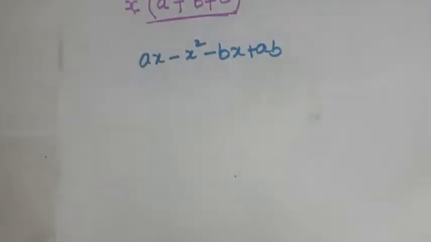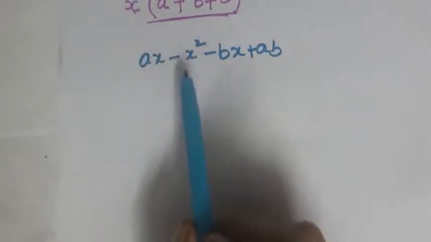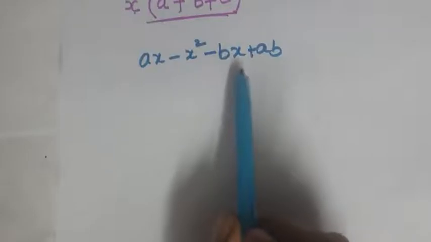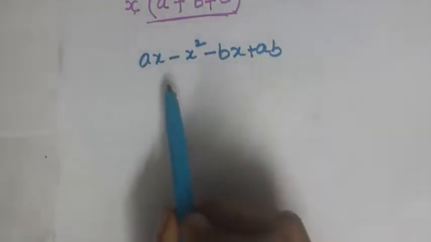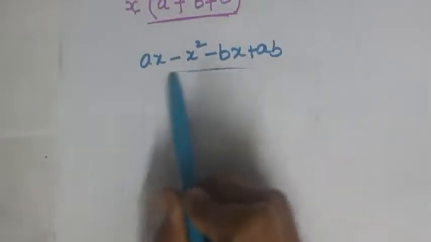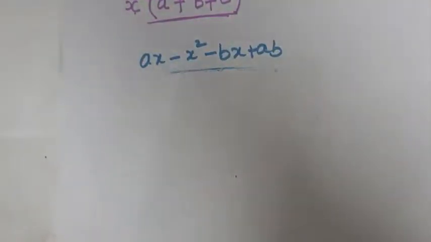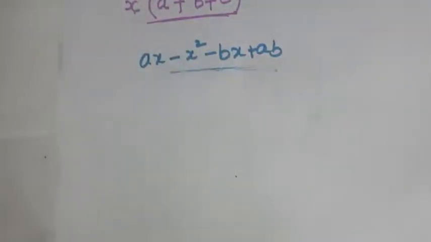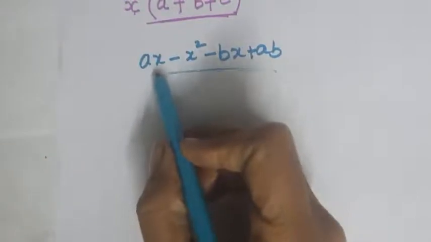The next question is factorize ax minus x square minus bx plus ab. Now children, if you see carefully, there is no term which is common in all. In that case, we think about pairing. What we will do here, we will start pairing.